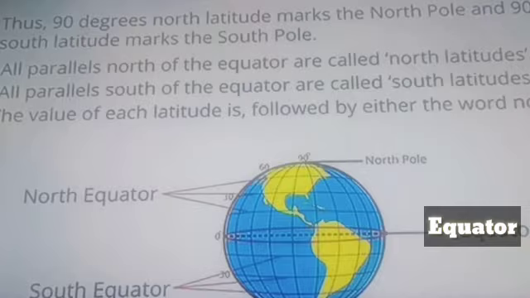All parallels north of the equator are called north latitudes and all parallels south of the equator are called south latitudes. So, the value of each latitude is followed by either the word north or south.